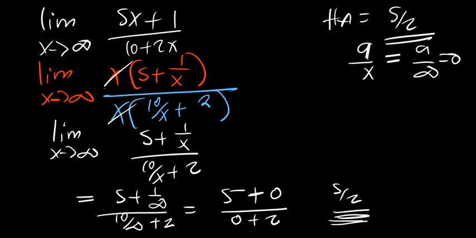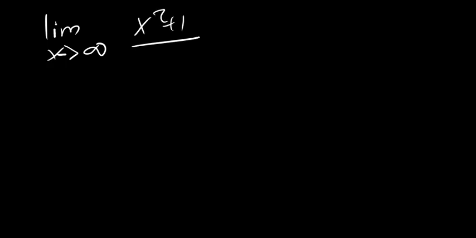It becomes so interesting if we have a certain question which goes like this. Limit as x goes to infinity of x squared plus 1, divided by x. Remember, the deal is on the denominator. So what am I going to factor out here?